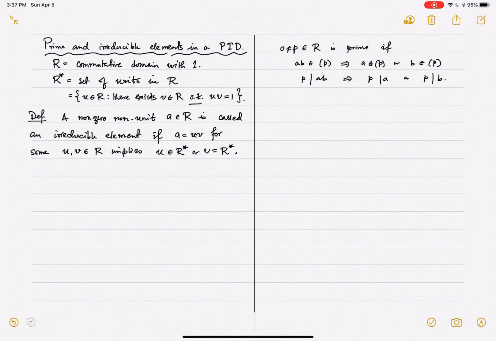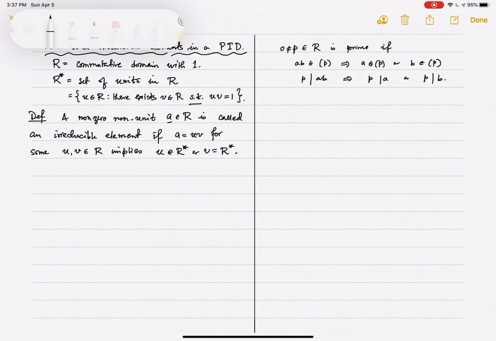So these are all the invertible elements of R, also called the units in R. A non-zero, non-unit element A is called an irreducible element. Probably we have given this definition before sometime. It's called an irreducible element if whenever you write A as a product of two elements U and V in R, then one of them must be a unit.